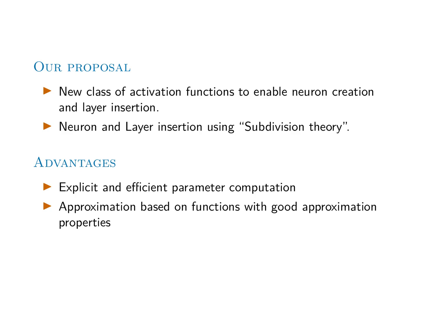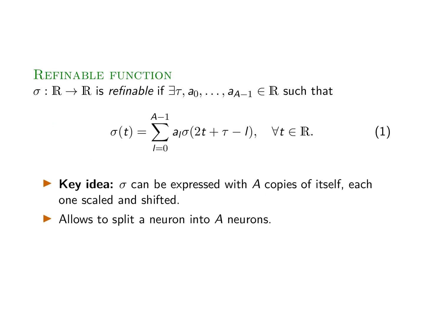Also, since subdivision theory is grounded on approximation theory, we expect that the resulting multilayer perceptrons have good approximation properties, and the creation of new neurons gives an advantage in this sense.